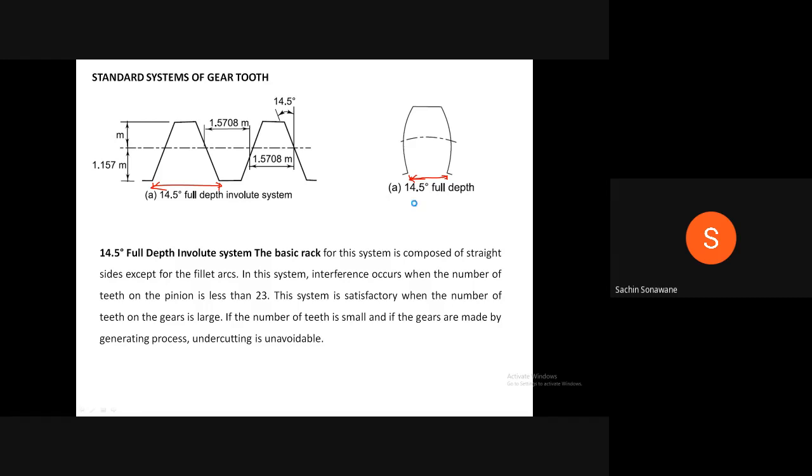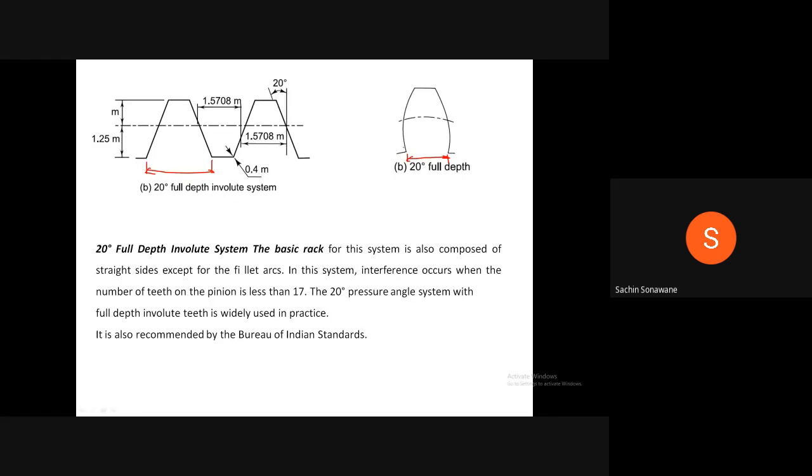Therefore, since width at the base for 20-degree full depth involute is more as compared to 14.5 degree, you can say that 20-degree full depth involute tooth is stronger as compared to 14.5 degree. Stronger means what? This 20-degree full depth involute tooth will take more load as compared to 14.5 degree.